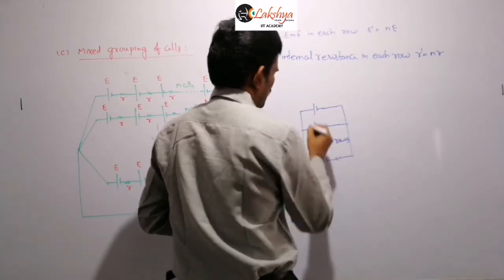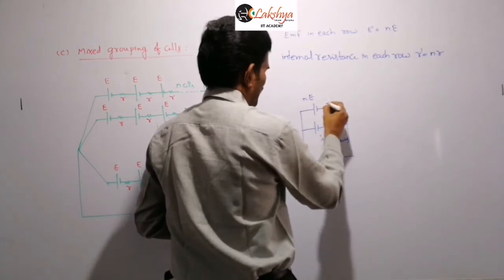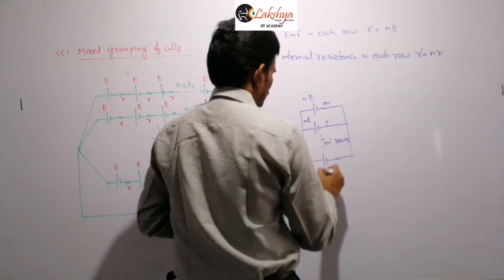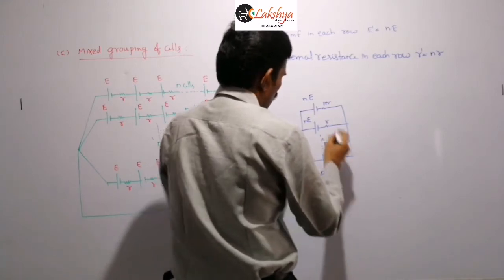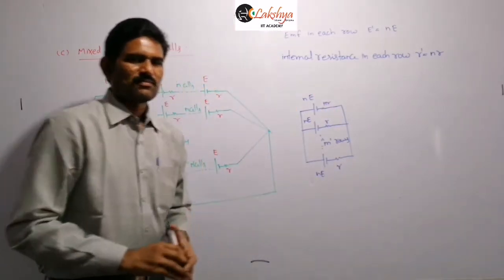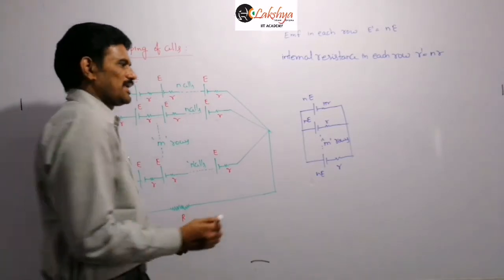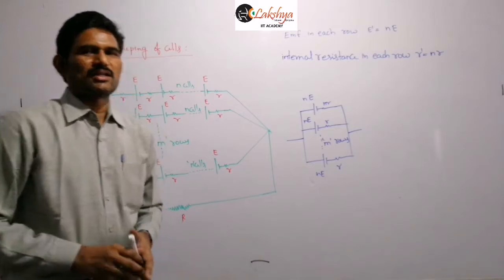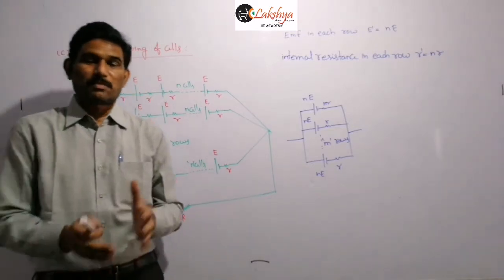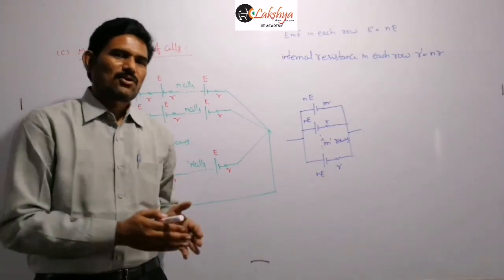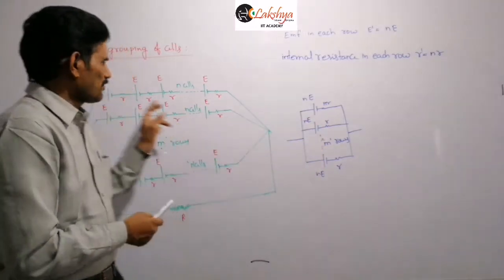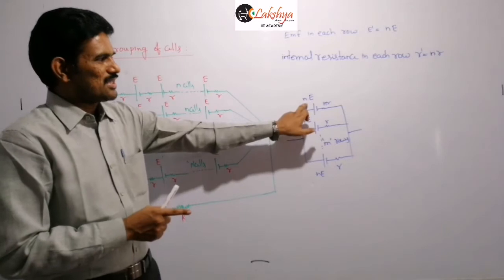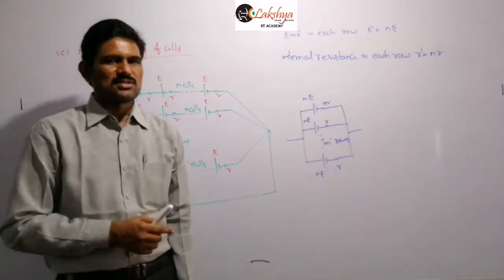Now the EMF is nE and the internal resistance is nR. That means we can consider this case as m identical cells connected in parallel combination. Each row of n cells is replaced by a single cell whose EMF is nE and internal resistance is nR.